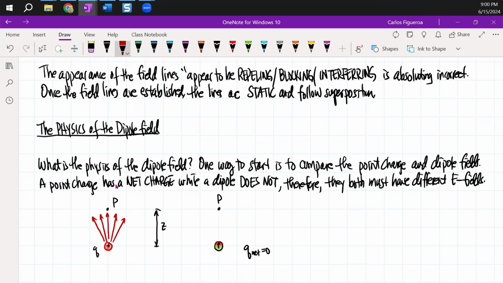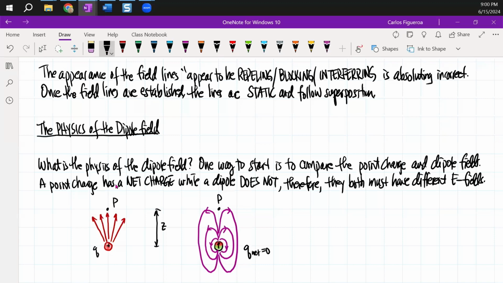But if I look at a dipole field, what's actually happening? The fields are wrapping around, and as they wrap around and get to the point P, you can see here that the field density, the line density at point P, has fewer lines.